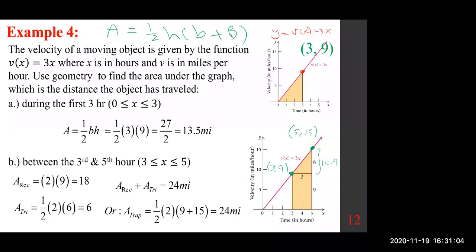It's just a matter of how you look at it, class, okay? So, in short, the area under the curve and the distance problems seem to be the same.